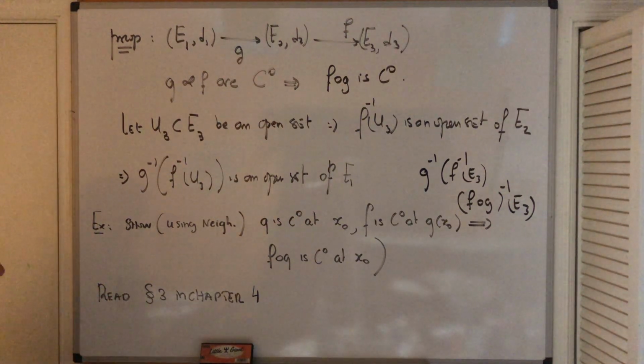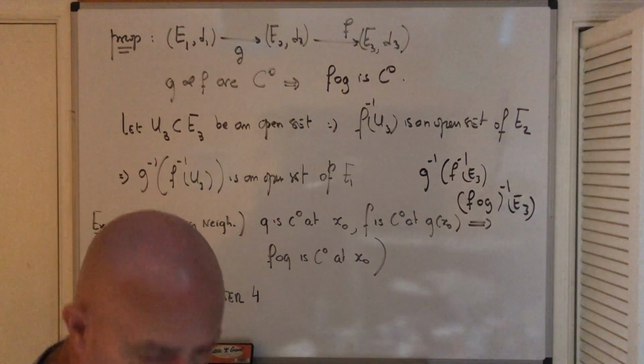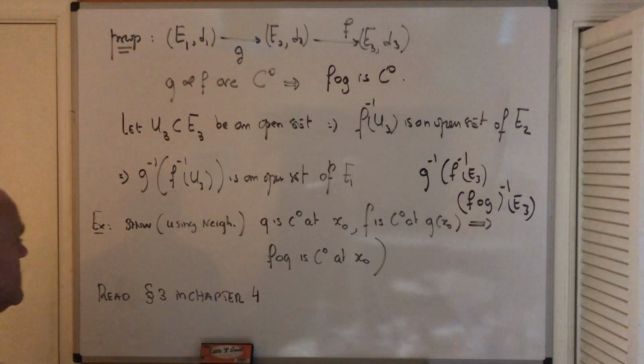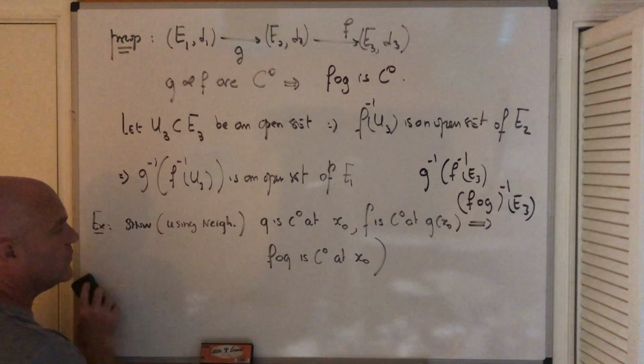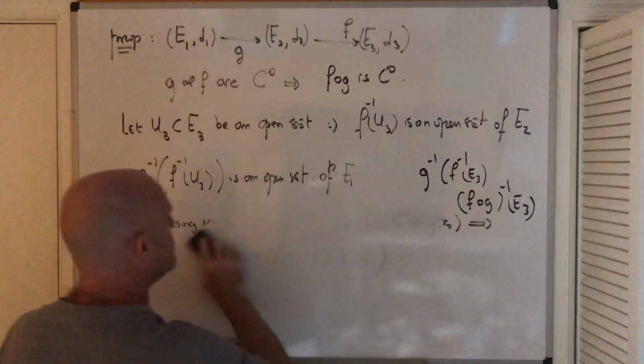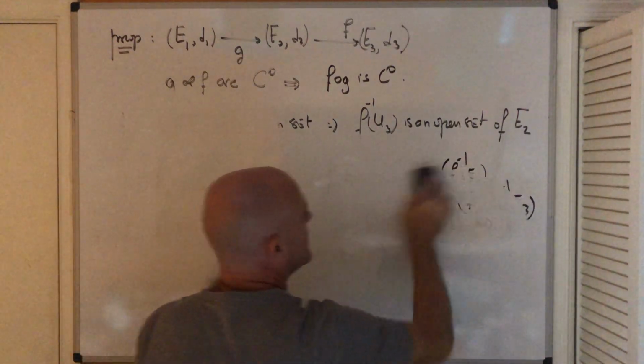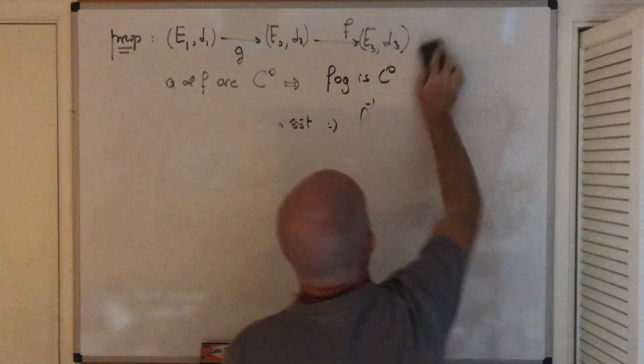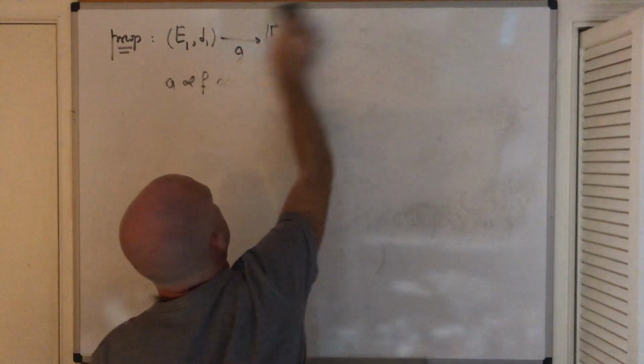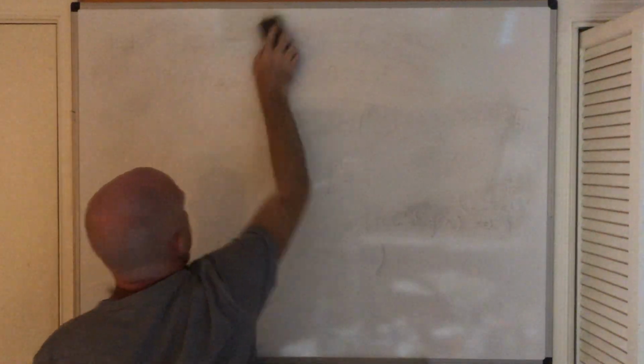Alright, so now let's move on and go back to the two theorems I stated last time, and now I'm going to prove them. I'm going to start by proving that a compact set is mapped under a continuous map to a compact set. So more precisely, let me rephrase this theorem in a better way.